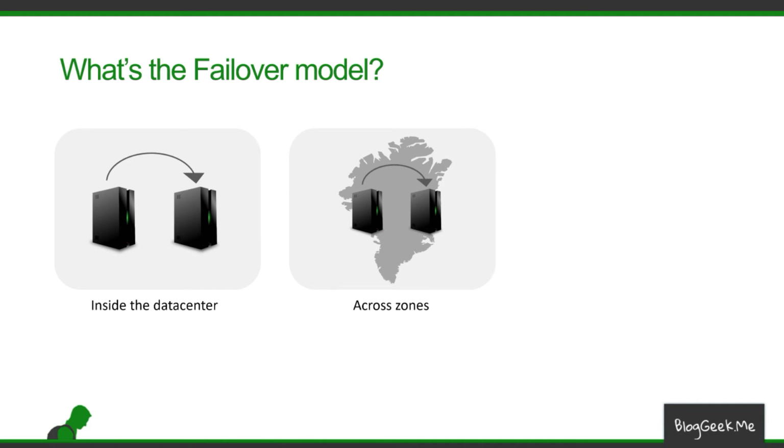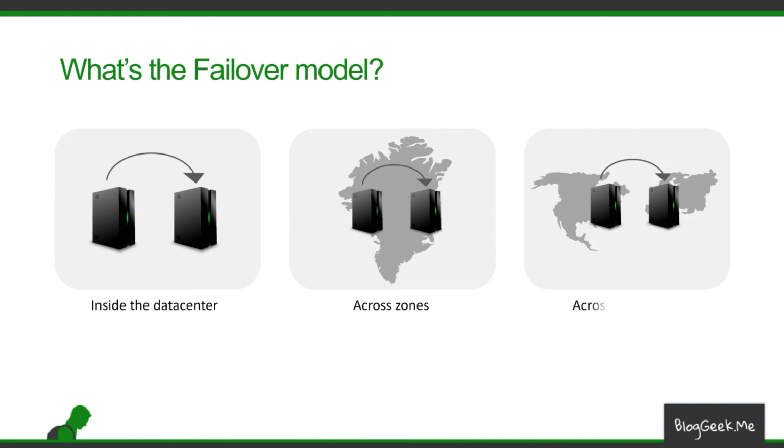If one zone fails to respond, we can switch all of the data processing to another zone within the same region. And with catastrophic failures, we can just move the workload across geographies to a totally different region or even to a totally different cloud provider.